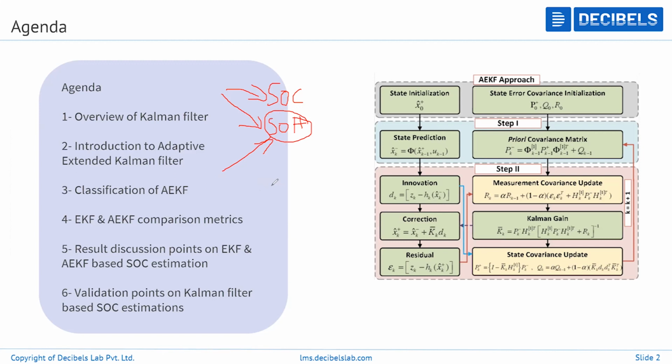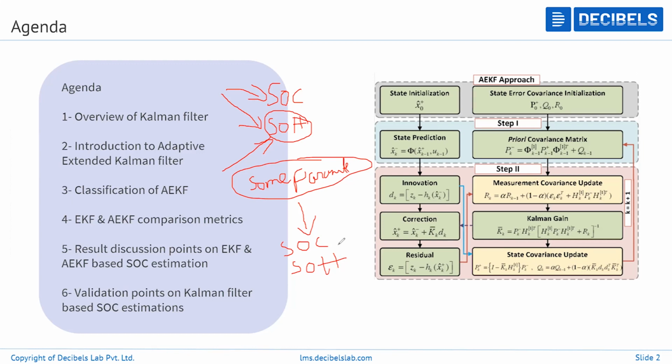So we identify some other parameter of the cell, and with these parameters we try to correlate and bring out SOC and SOH. So they are not direct measurements, they are indirect.